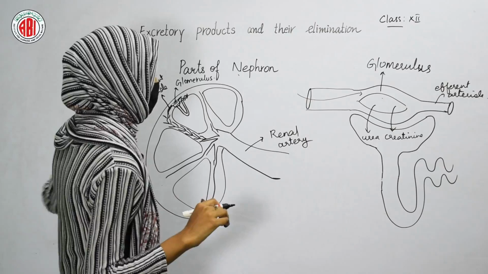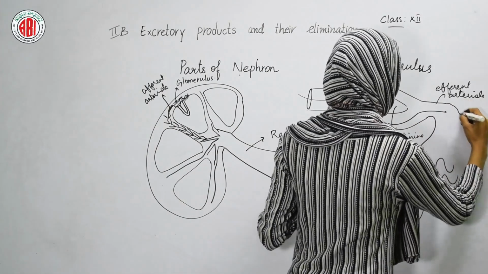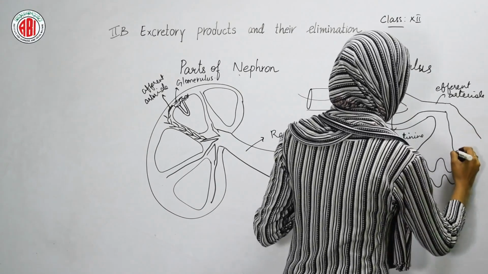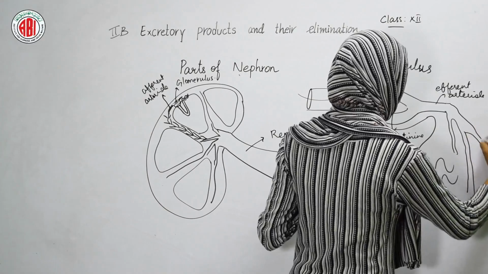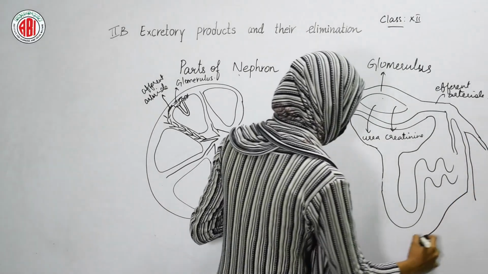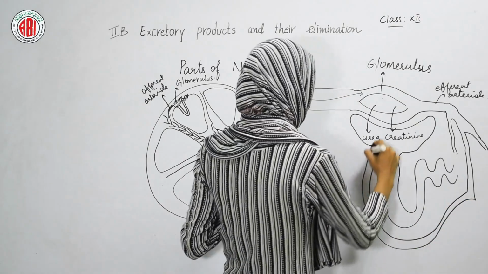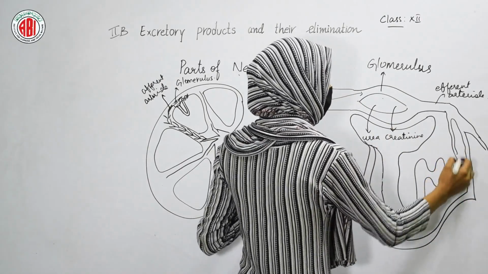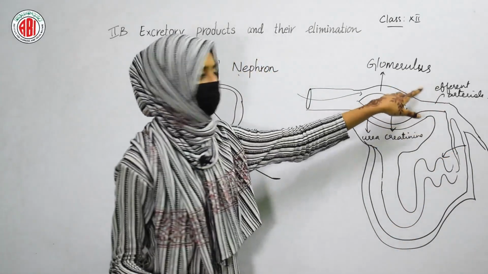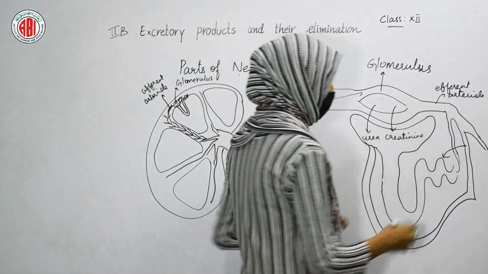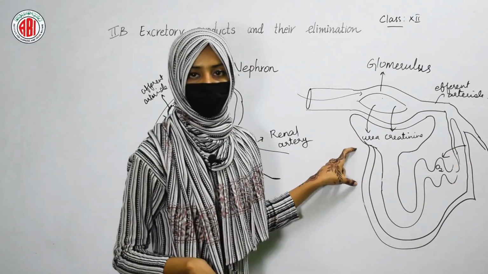So how does it supply the oxygen? Let us see. This efferent arteriole further breaks down into certain branches, and those branches of the different arteries surround the whole nephron. It surrounds the whole renal tubule just to supply the oxygen. So whatever oxygen is present in the blood which is carried by the efferent arteriole, that blood provides the oxygen to the renal tubule, to all the parts of the renal tubule.